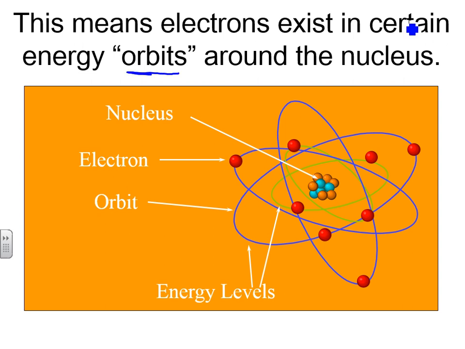Now we have orbits in quotation marks because, as you'll see, this idea is not the same as we initially thought. Initially, scientists thought that these orbits are clean orbits, like planets around the sun, which will not be the case. As we'll see, this will not be the true picture. But it allowed us to see that there are certain energy levels, certain energy states that the electrons have to occupy, which is a correct understanding.